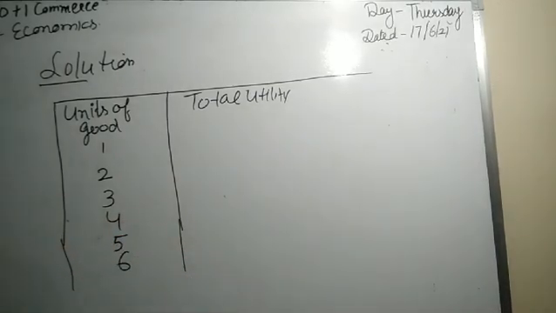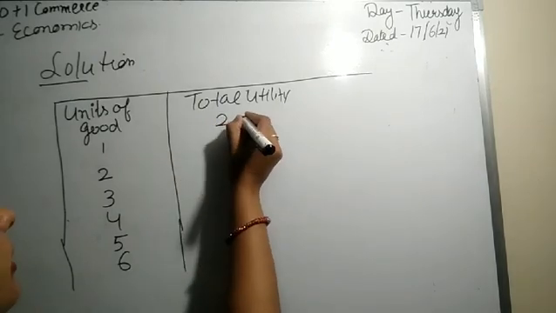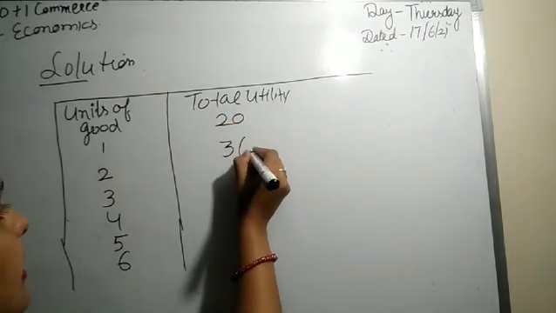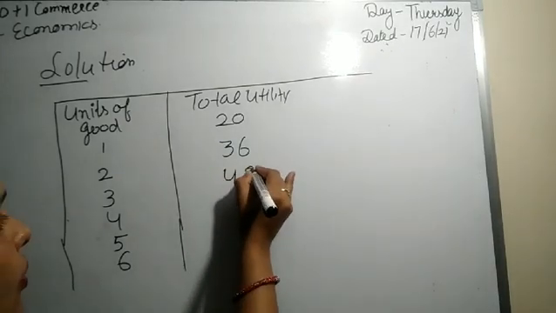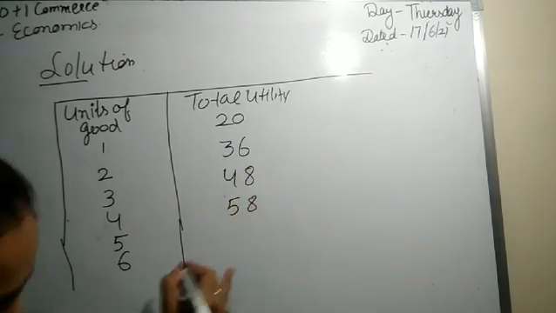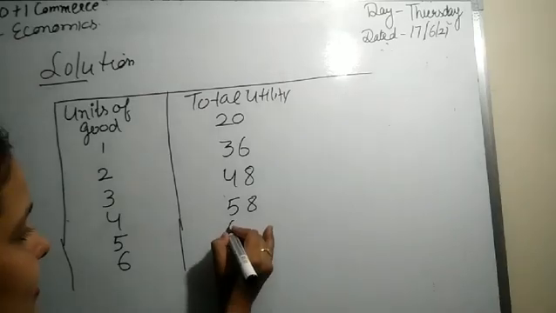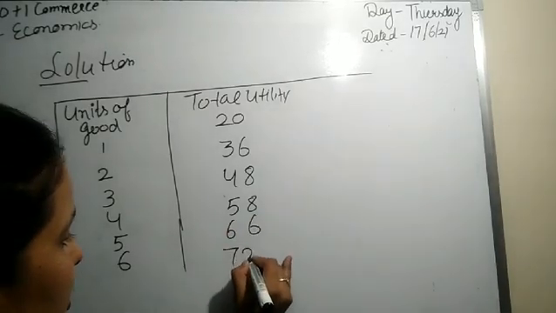The data of total utility is 20, 36, 48, 58, 66 and 72.